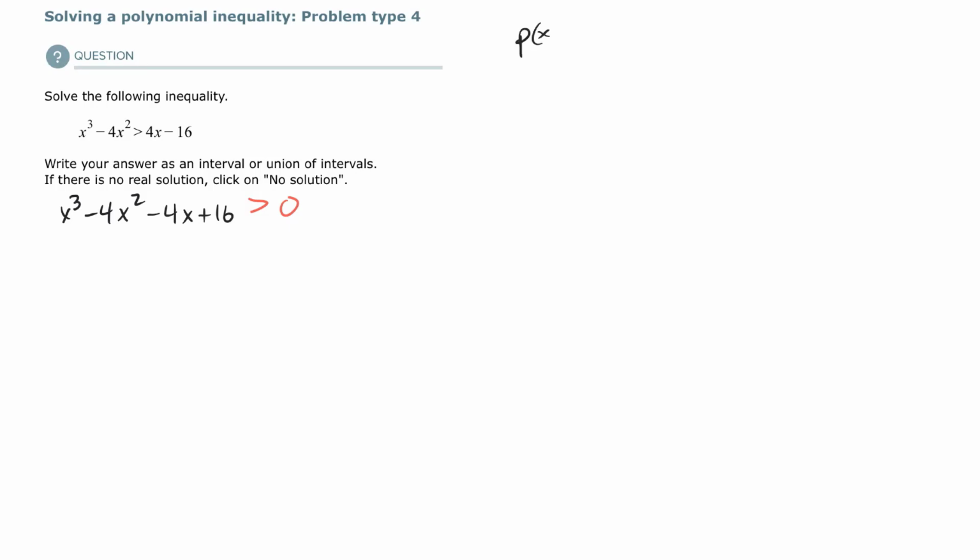So if you take this polynomial, the goal now is to find the zeros. You know, if you find the zeros, it would help quite a bit in solving this inequality.